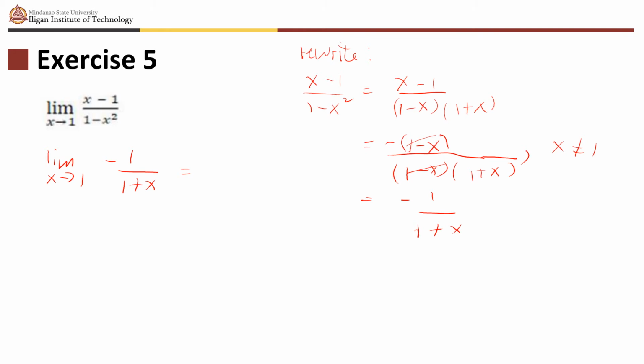And we can now replace x with 1, so that's equal to negative 1 over 1 plus 1, so the result is negative 1 over 2.